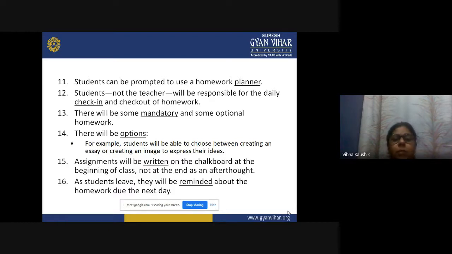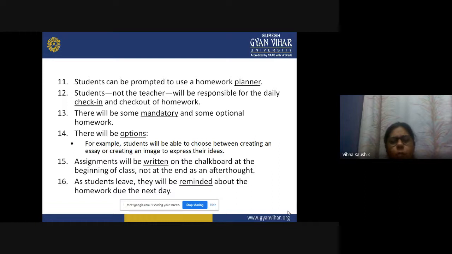There will be some mandatory and some optional homework. Mandatory, that these homework should be done by you anyhow, and some optional homework. There will be options, there can be some options. For example, students will be able to choose between creating an essay or creating an image to express their idea.